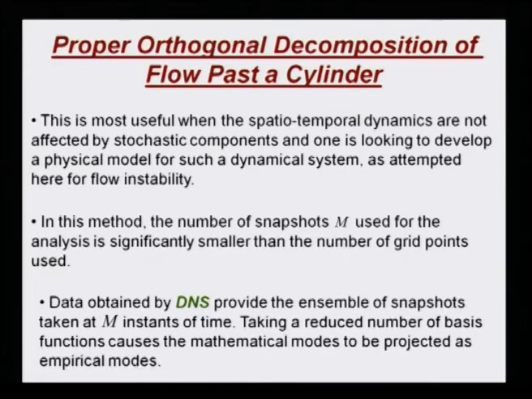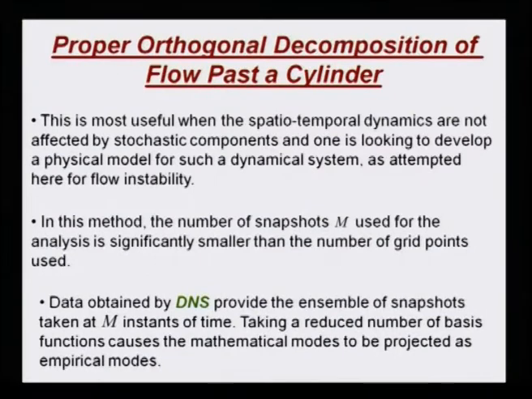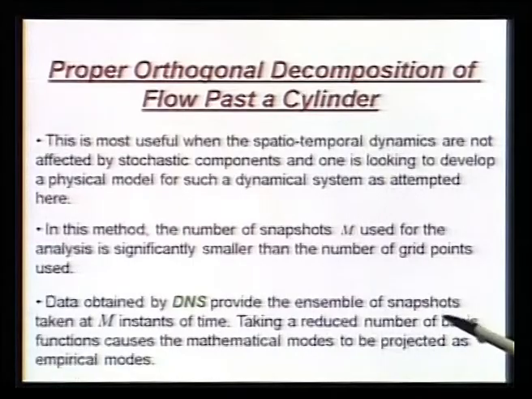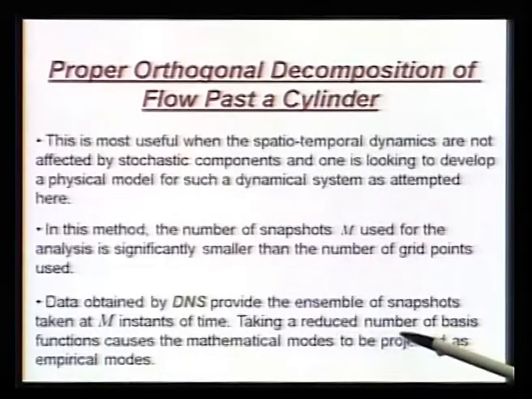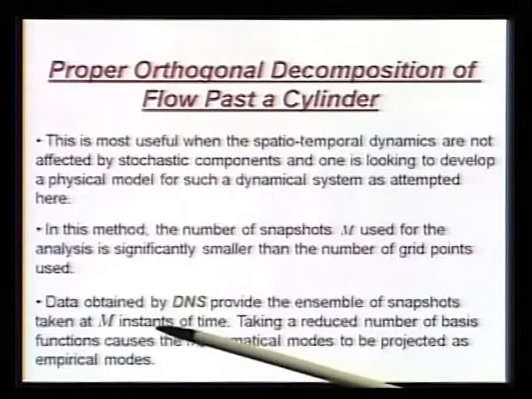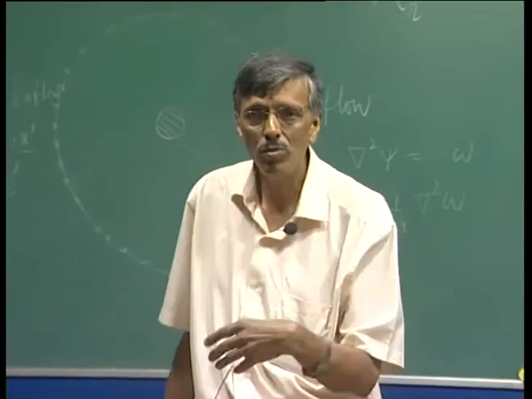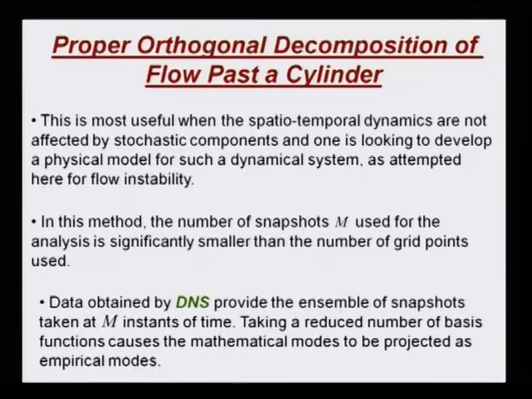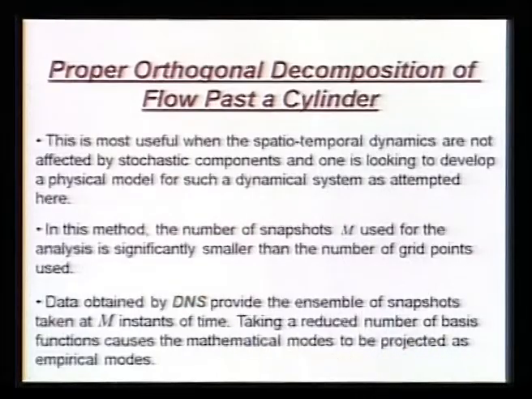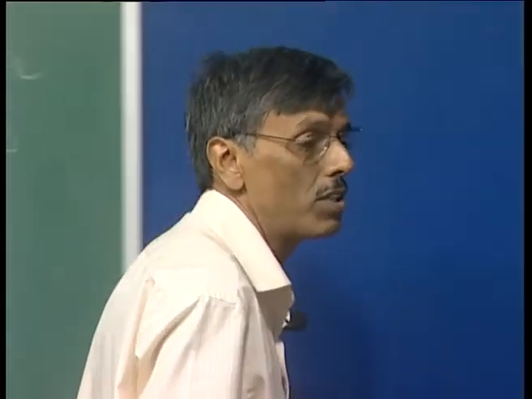So, what really happens is, we perform DNS, then we collect a set of snapshots which we call the ensemble, and then taking this reduced number of snapshots, we come out with basis functions which are directly related to the number of snapshots, right. That is what we are doing, and this gives you mathematical modes which give you a very good representation of the dynamics of the system.